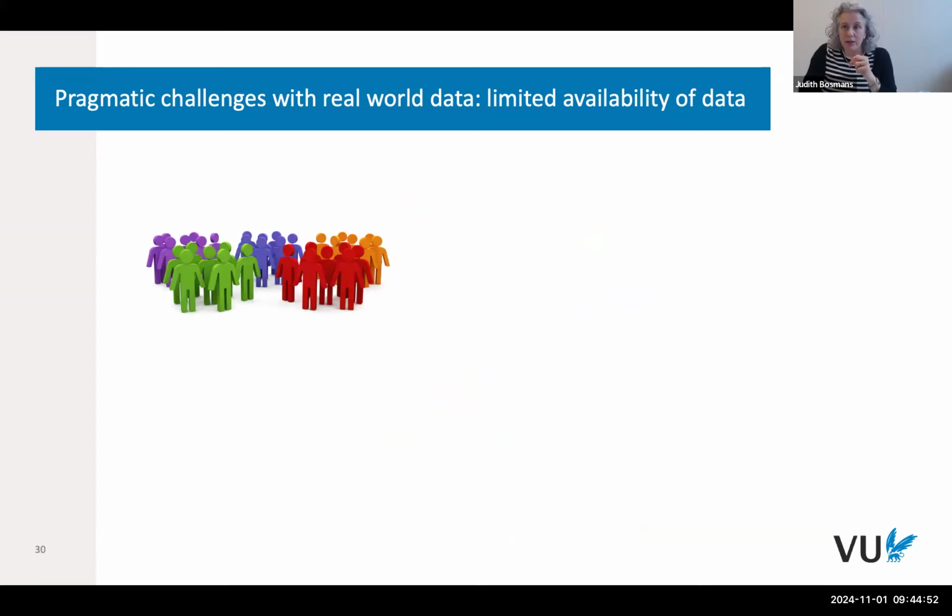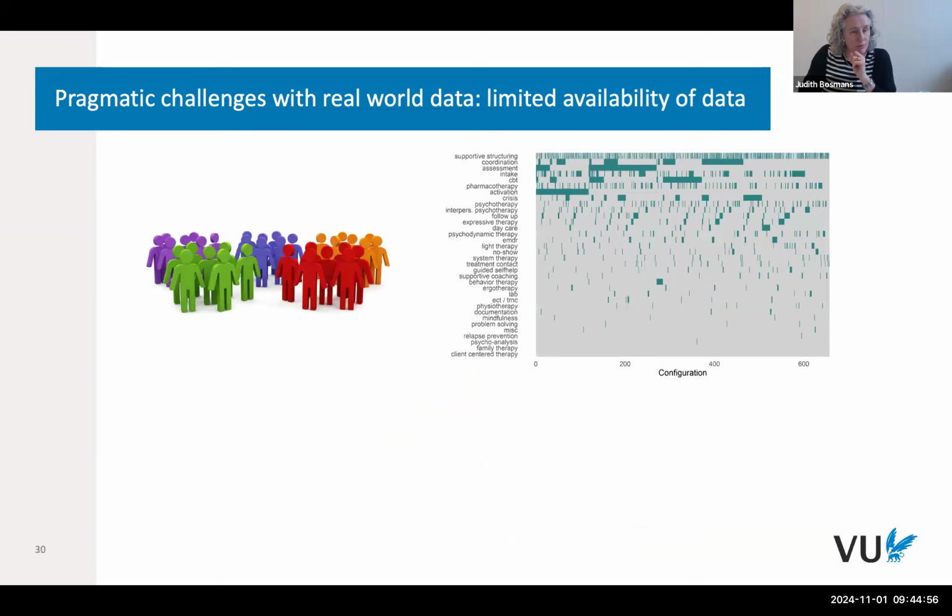And I see that I forgot to change the title of this slide, but another problem is that it's also hard to identify different treatments within the data. So we had availability of a big data set from a mental health care institution. What you see here in the right top corner is a figure showing how many patients received all these different types of health services within that sample.